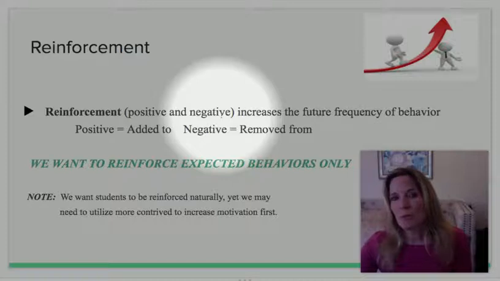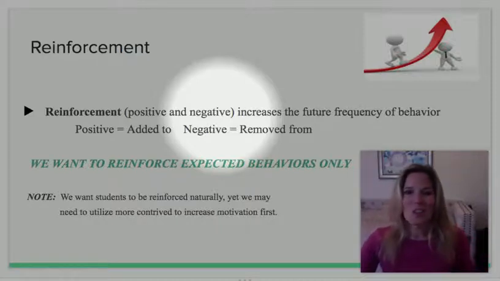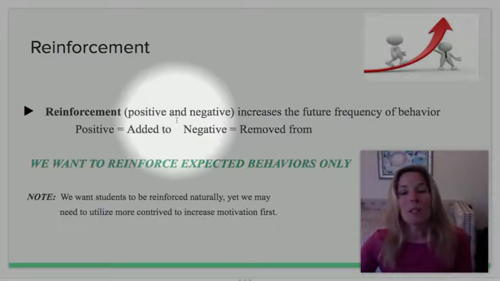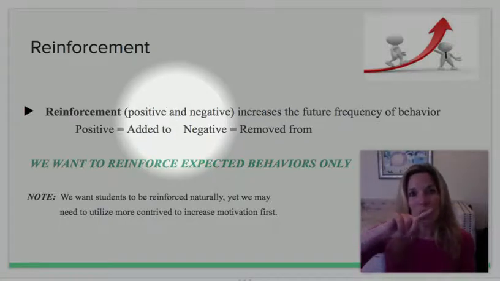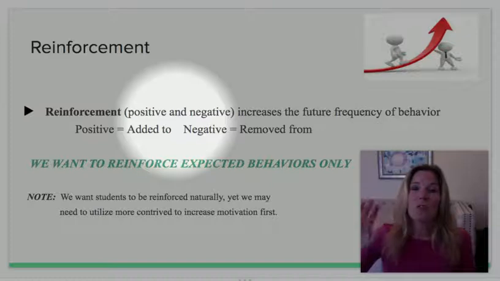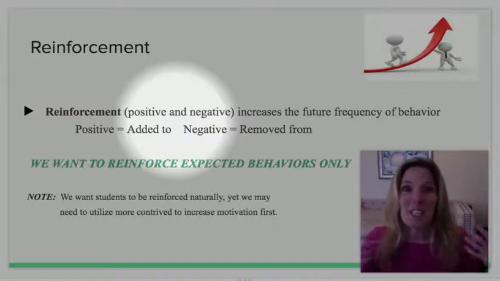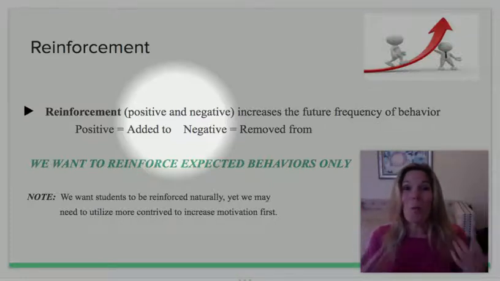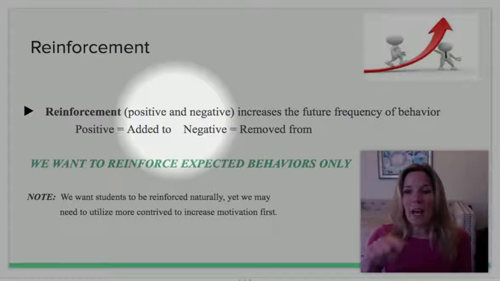Little note on reinforcement. I know that you already watched the video on reinforcement. Just want to remind you that when it comes to reinforcement, we're looking towards increasing the future frequency of the expected behavior, the wanted, desired behavior, and the replacement behaviors that we want. We want to make sure that we don't accidentally reinforce the undesired behavior.